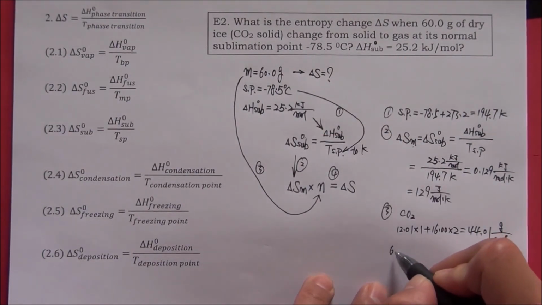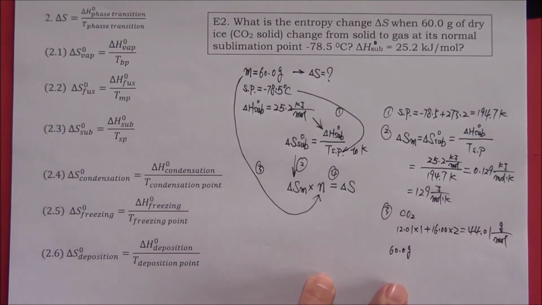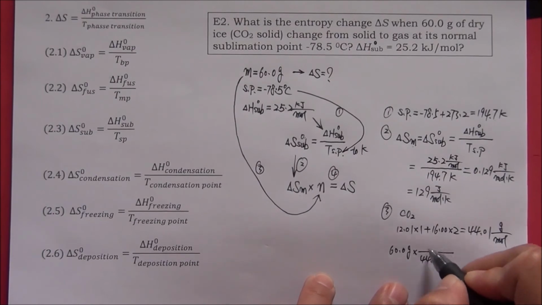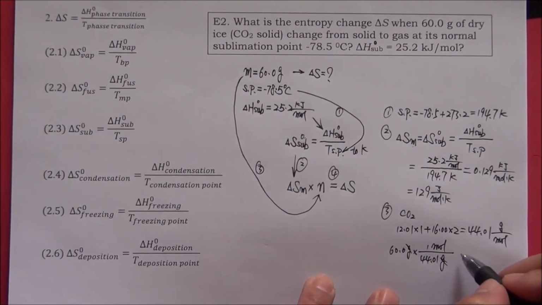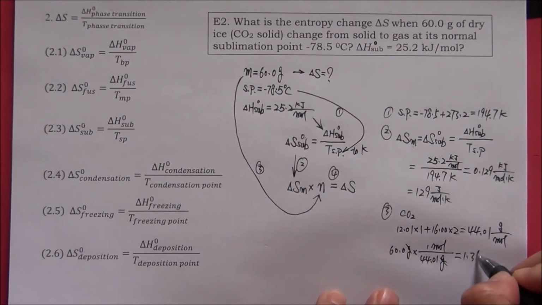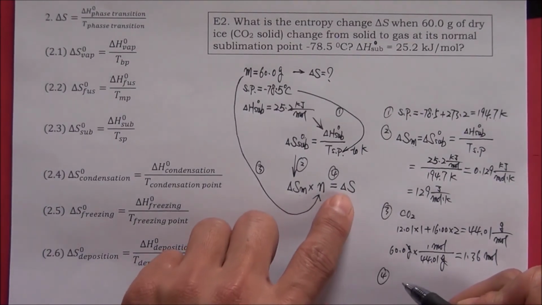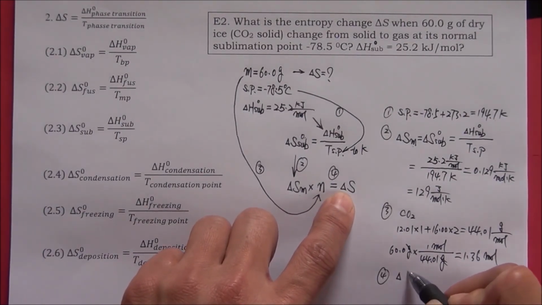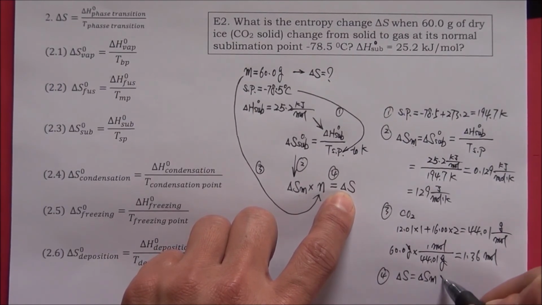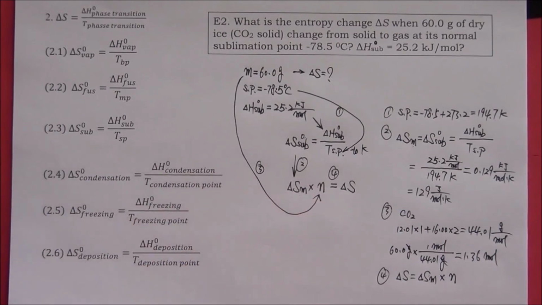We have 60.0 gram of carbon dioxide. Gram will cancel. We get 1.36 mole of carbon dioxide. Then step 4. We will plug in everything. Delta S equals delta S m multiplied by n.